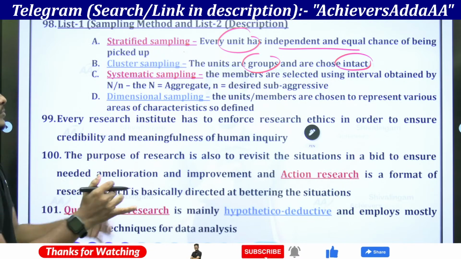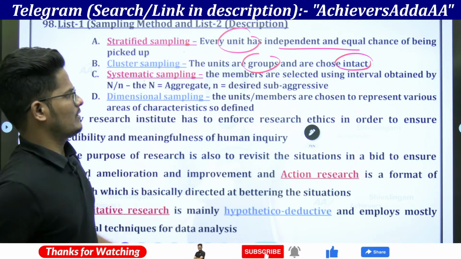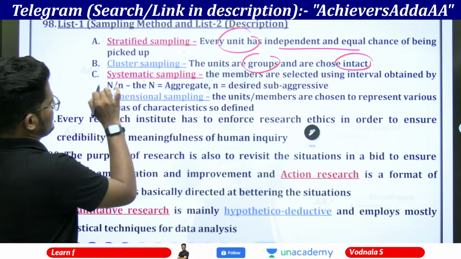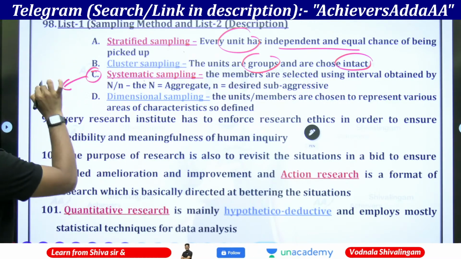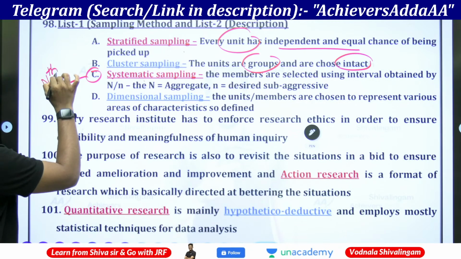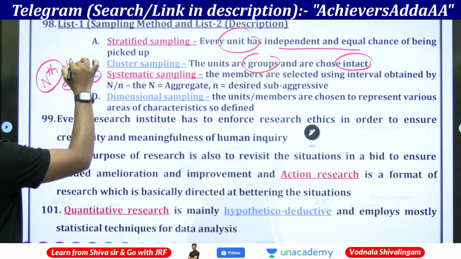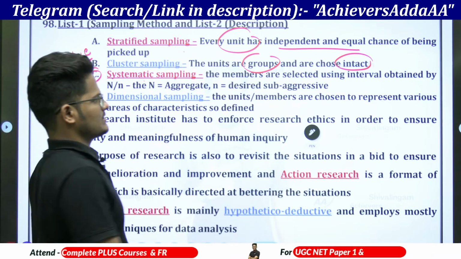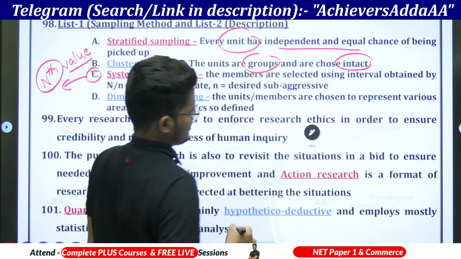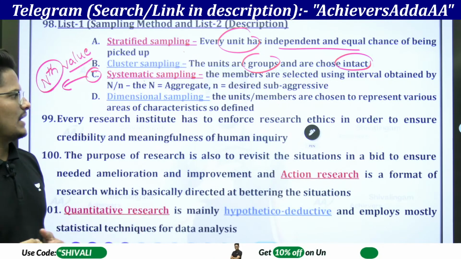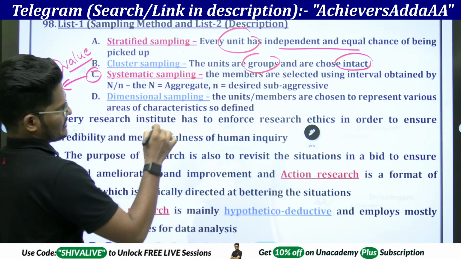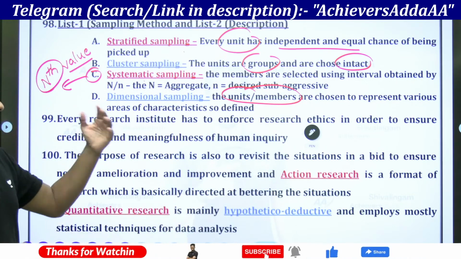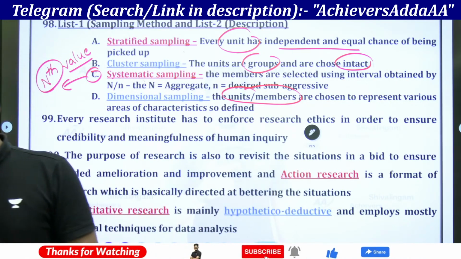Systematic sample: the members are selected using the interval obtained by N by n. The nth value will be calculated using the population and sample size. Dimensional sampling: the units or members are chosen to represent the various areas of characteristics so defined.